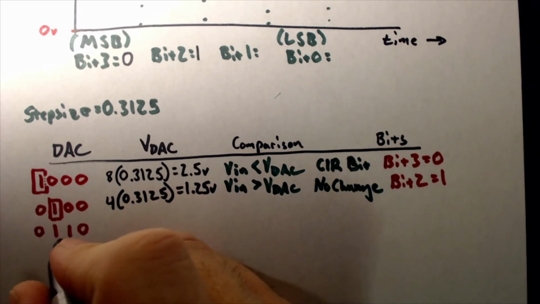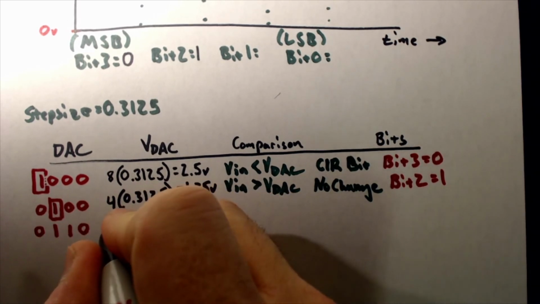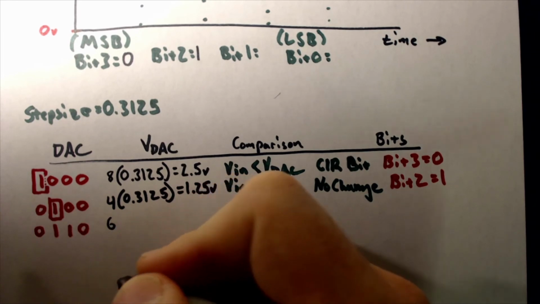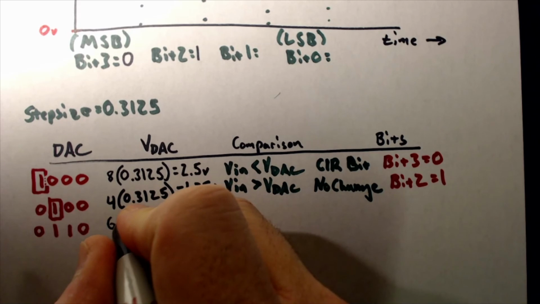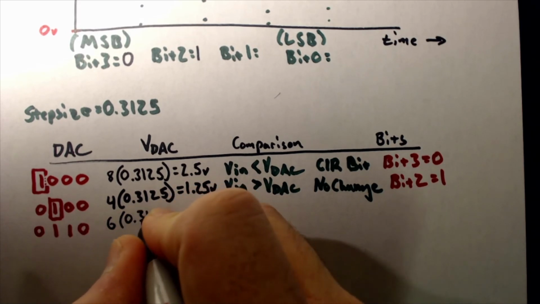Okay, 0110 is obviously 6. So the output from the DAC is going to be 6 times our step size, 0.3125.